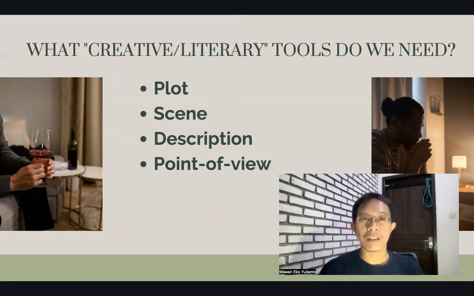And there's also scene. Scene is a combination of place and incidents. And then description here can be the description of the people involved there, the description of the place, or the detailed description of the incidents.